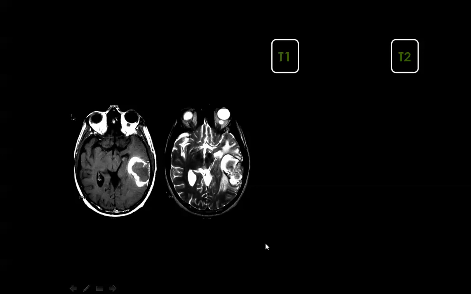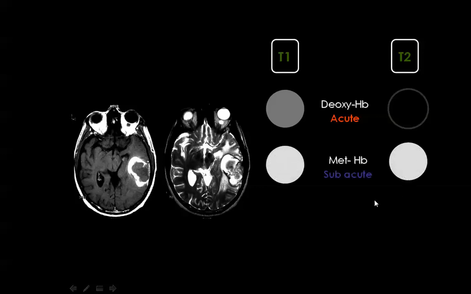Let us look at the MRI appearance of intracerebral hemorrhage. We have the T1 and the T2 weighted images, and the hemorrhage in the acute phase will appear gray in the T1 and black in the T2 weighted images. The subacute blood or the methemoglobin will appear bright in the T1 and bright in the T2.